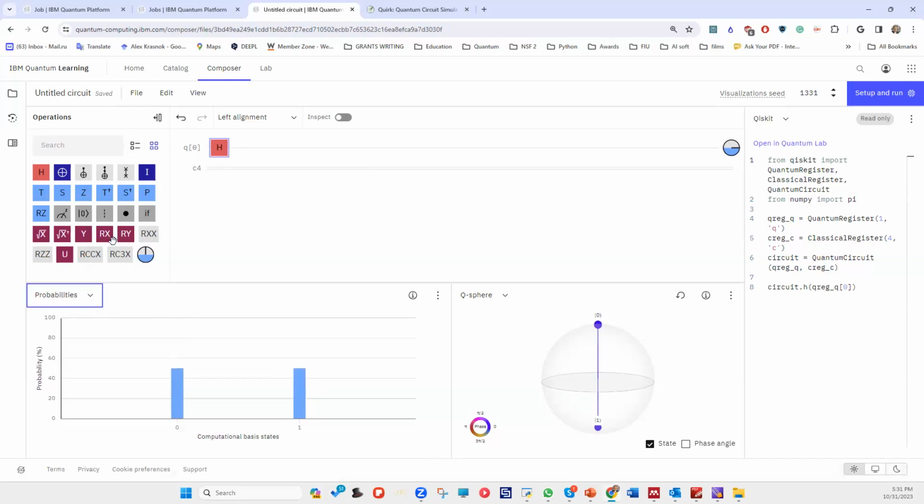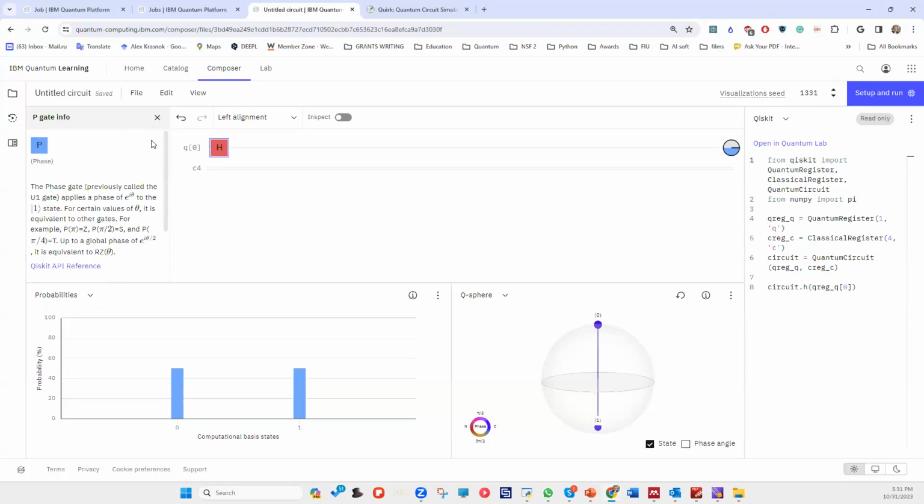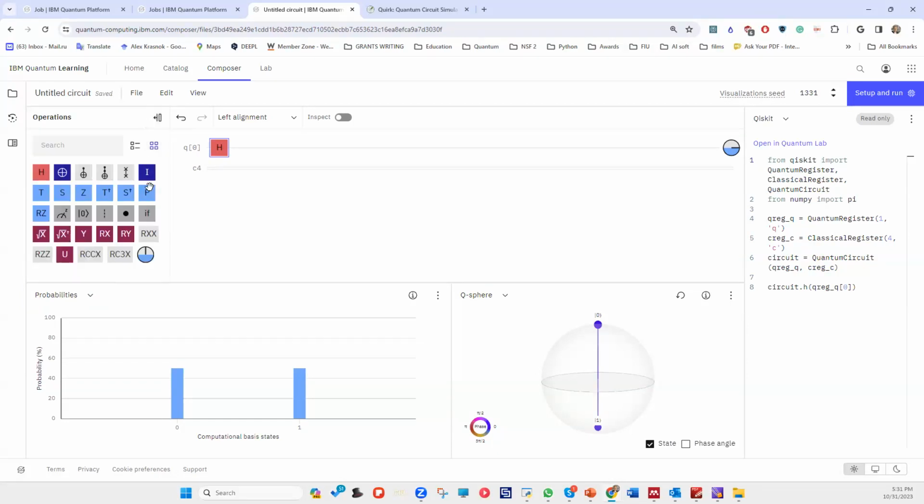Then I put the phase gate. And then I close up the interference.